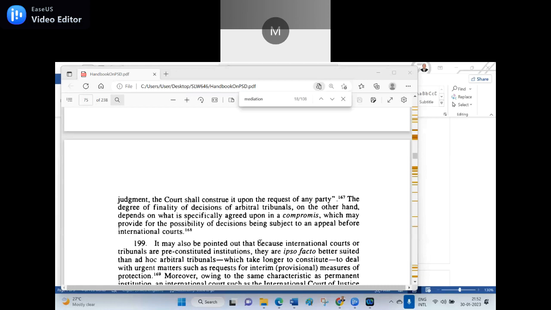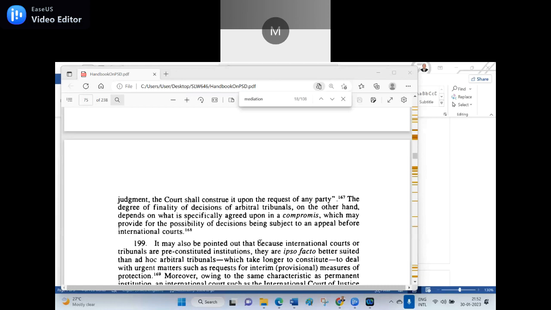So the degree of finality of the decision of the arbitral tribunal, on the other hand, depends upon what is specifically agreed upon in the compromise, which may provide for the possibility of the decision being subject to an appeal before the international courts. Generally, arbitration will be a settlement in the form of compromise, because they don't want to drag the litigation on for a longer time.